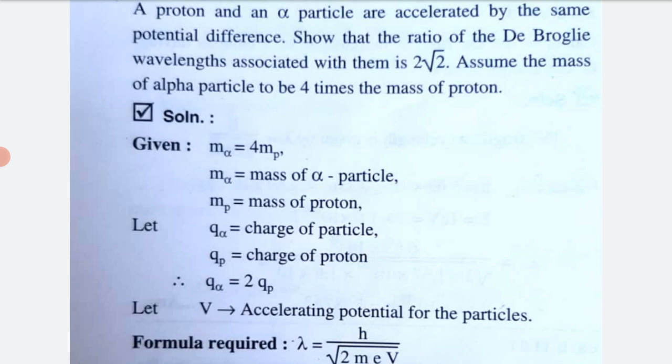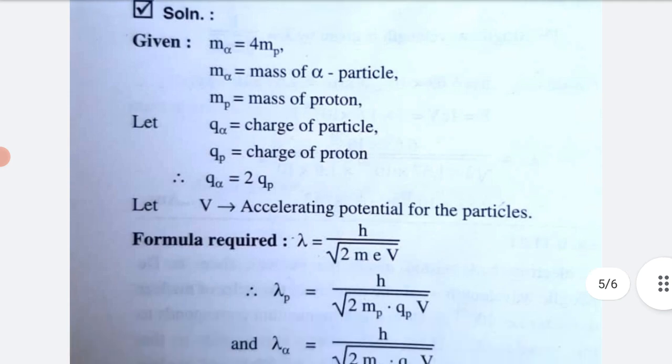Then mass of alpha particle is equal to 4 times mass of proton, where Mp is the mass of the proton. Q alpha is the charge of the alpha particle, Qp is the charge of the proton. Then Q alpha is equal to 2 Qp. Then V is the accelerating potential for the particles.